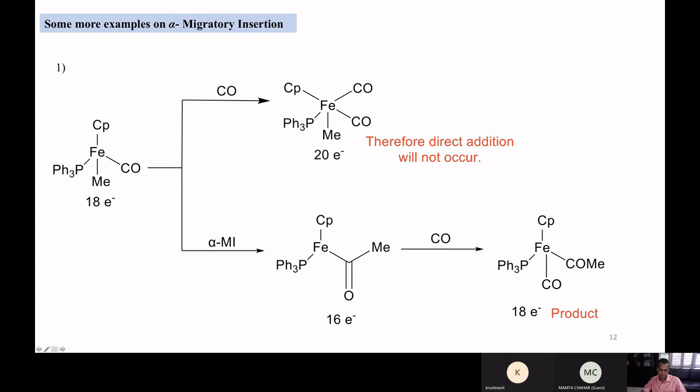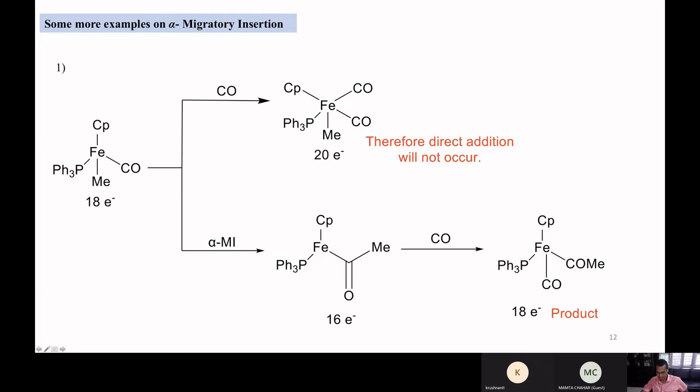So in total it becomes 16 electrons: 6, 6, 2, 2, total 16 electrons. Now once it is 16 electron, it can take another carbon monoxide. So the new carbon monoxide comes in.